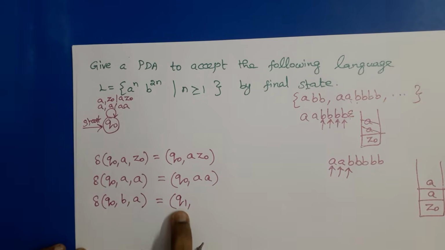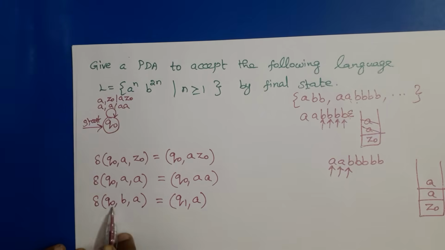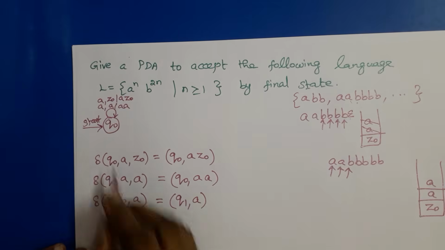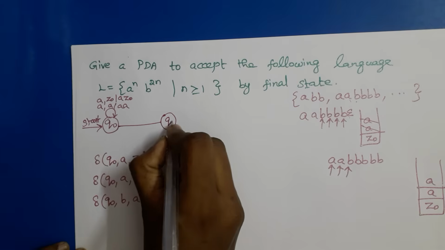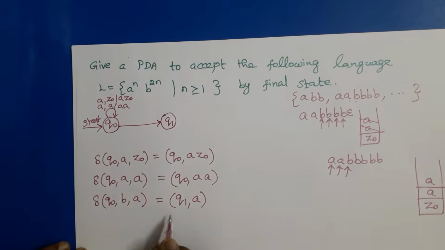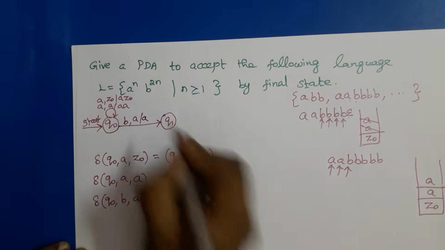So the state should be changed to Q1, and no operation on the stack means we write the same symbol here, so a should be written. State changes to Q1, no change in the stack. So from Q0 to Q1, the edge must be labeled by b comma a slash a.